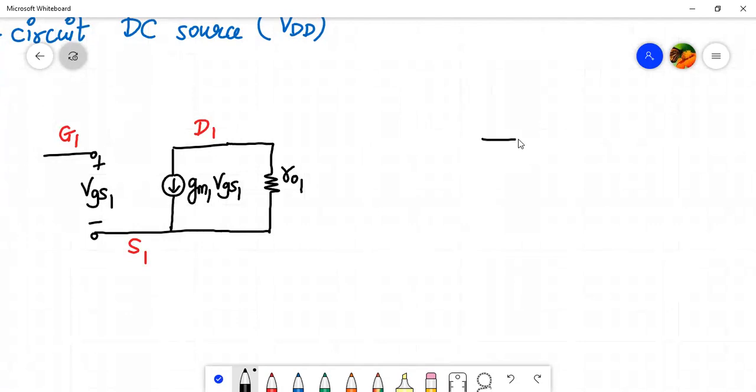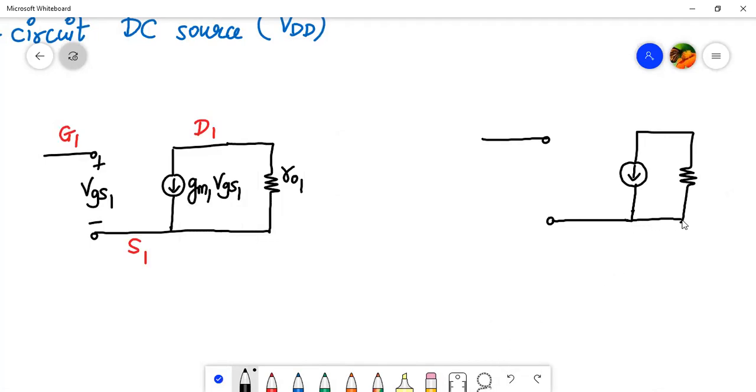Now here I will draw the M2 transistor. So over here we will have a voltage dependent current source, and also we will have RO2.